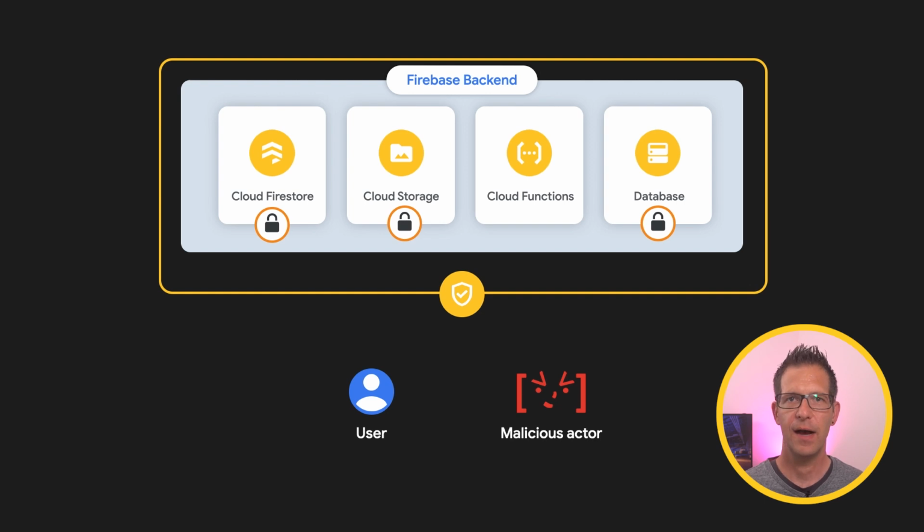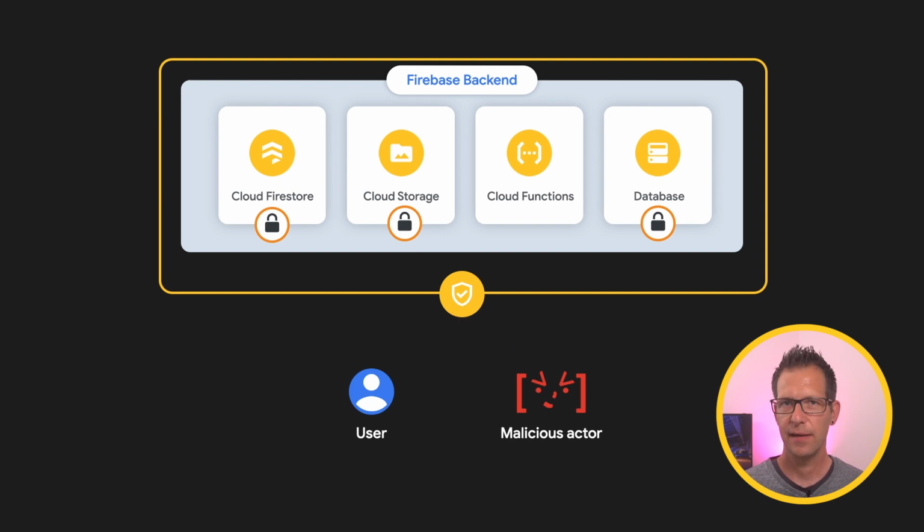No matter if the unwanted traffic comes from a 12-year-old who has just discovered what curl is, or a malicious actor who wants to steal your data, if the request isn't from your app, they will just get an HTTP 400 bad request.